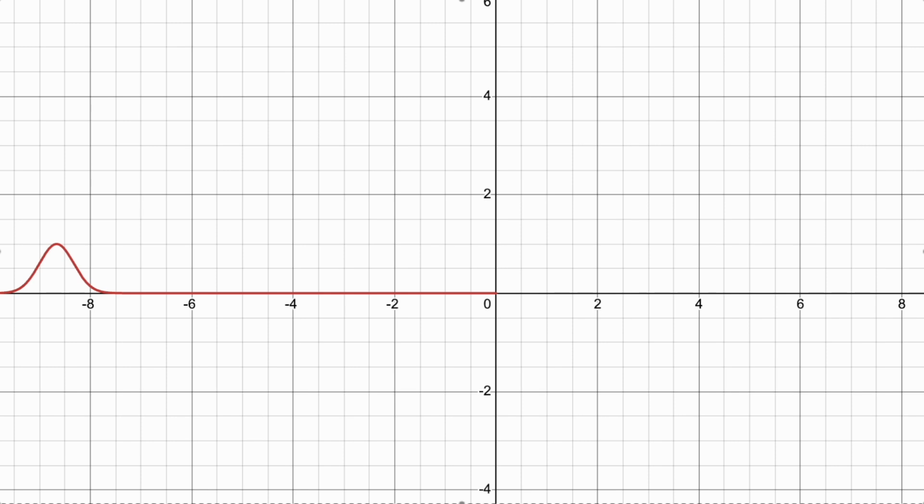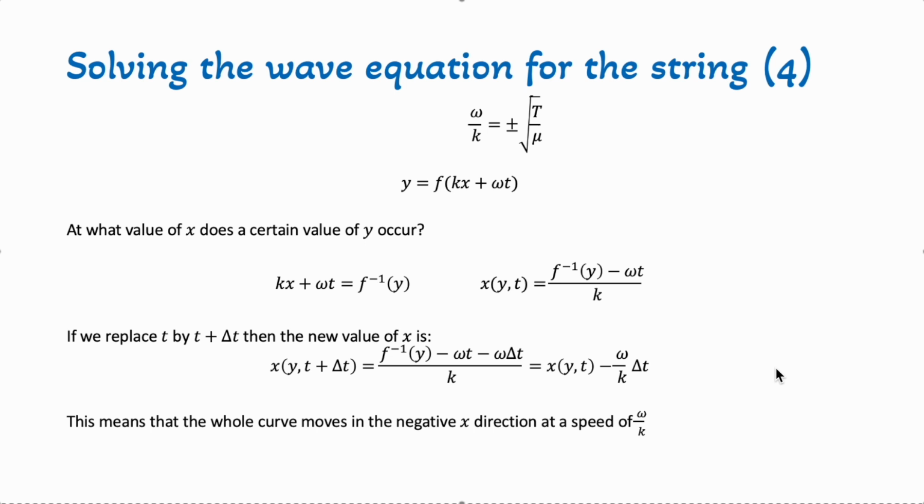Okay, so far so good. So what we've found out is that absolutely any pulse of wave or continuous wave moving in the negative x direction at a speed of omega over k is going to be a solution to our wave equation. But of course, we said omega over k can be plus or minus root T over mu.